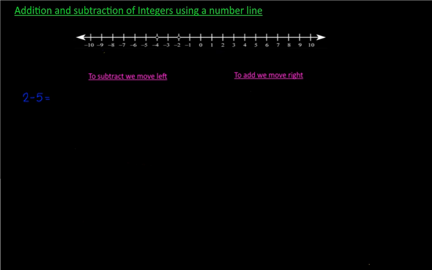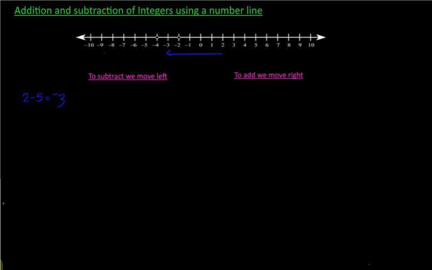So 2 is here, and it is minus 5, so it is subtraction, so we have to move left. We have to move 5 places left, so that is minus 3. So our answer is minus 3.